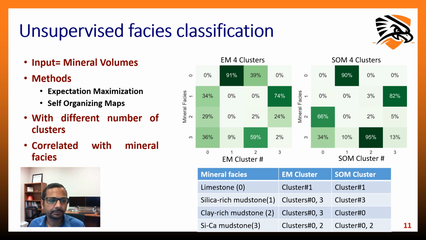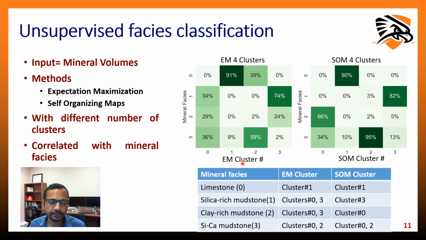So as I had mentioned before, we had tested a different number of clusters to correlate that with the mineral facies to find the best number of clusters with the best method. So here we found the SOM with the 4 facies to be the best number of clusters and best method. So let's try to understand first what this correlation is, how we are working.